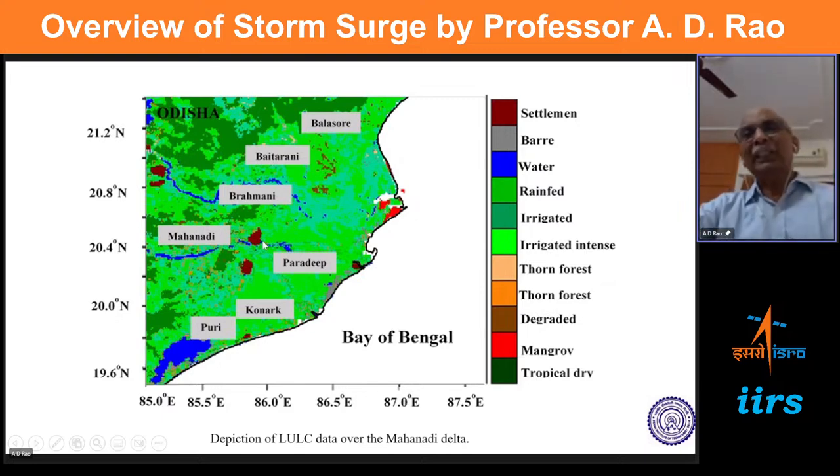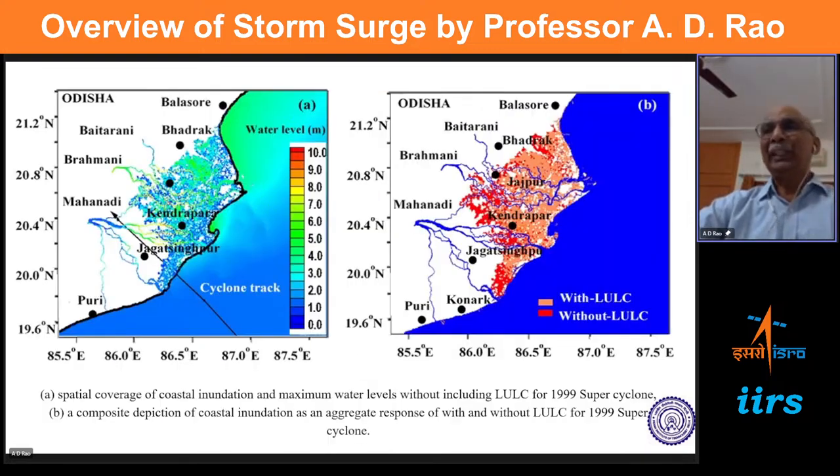You have to consider LULC in order to give a more accurate representation of the inundation. So we have seen with LULC and without LULC what makes the difference. We found that LULC representation gives a more or less accurate prediction of the inundation.